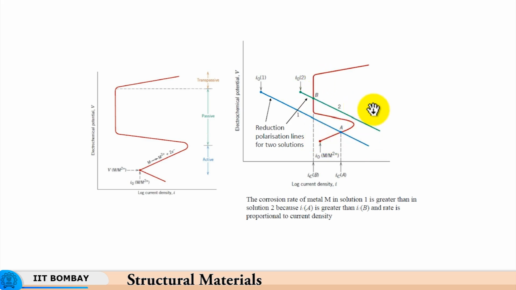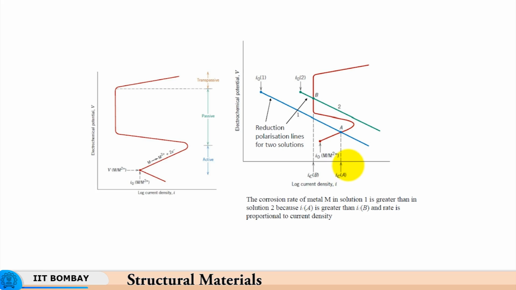But then the corrosion medium changes, the environment changes, and then you get a different line here. So, now this intersects in the active region. So, here now the material is going to behave in an active manner, because now the medium has changed, and so its reduction polarization line is now something like this, and so the current density would increase from I_CB to I_CA, and then the corrosion will proceed relatively faster.